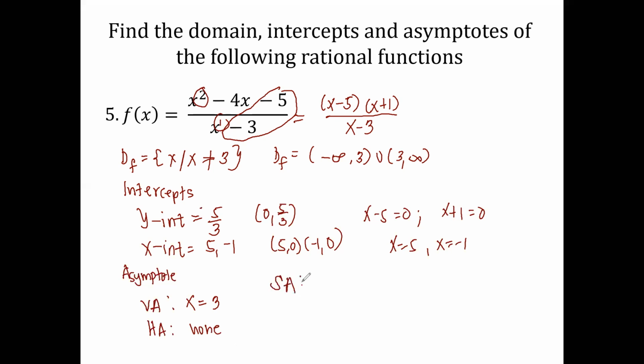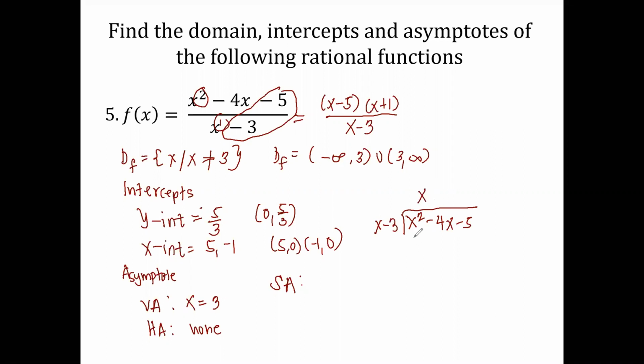So we have a slant asymptote. Again, how do we get a slant asymptote? For us to get the slant asymptote, all we have to do is divide the numerator by the denominator. So let's divide x squared minus 4x minus 5 by x minus 3.